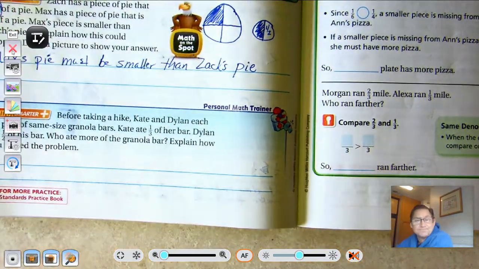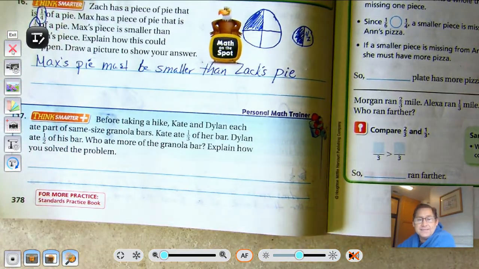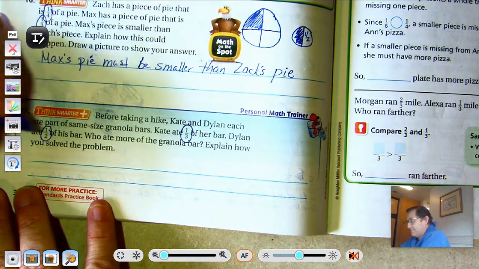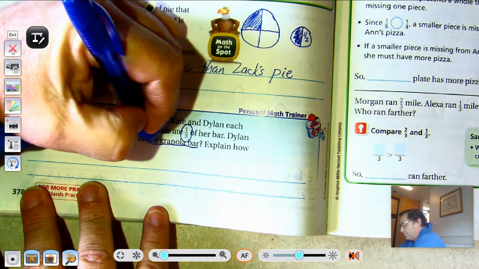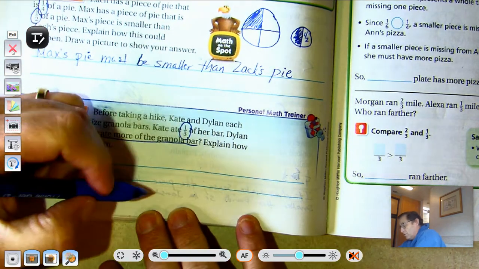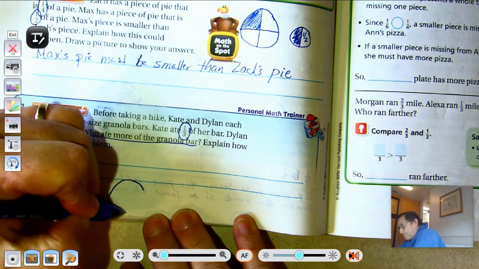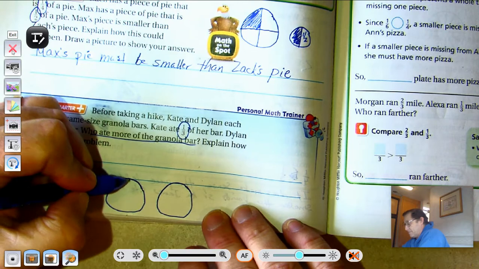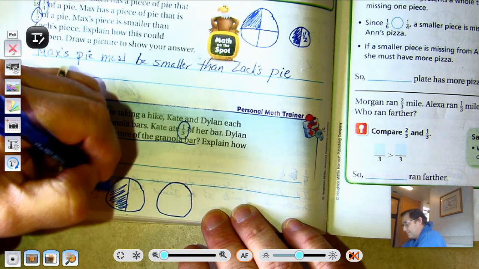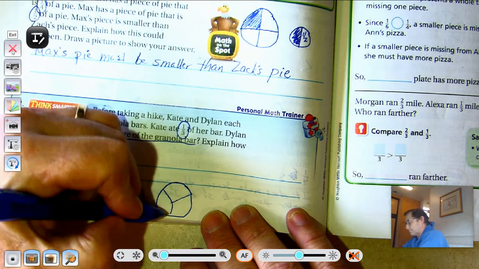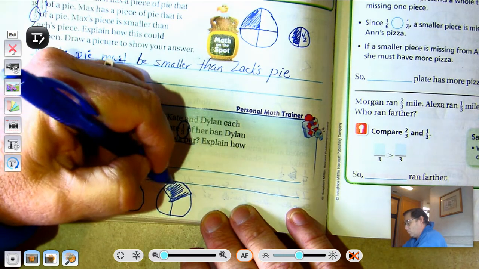All right, and 17. Before taking a hike, Kate and Dylan each ate part of the same size granola bars. Kate ate a third of her bar. Dylan ate half of his bar. Who ate more? Explain how you solved the problem. So we have two circles exactly the same size. We have one that ate half, and we have one that ate 1/3.